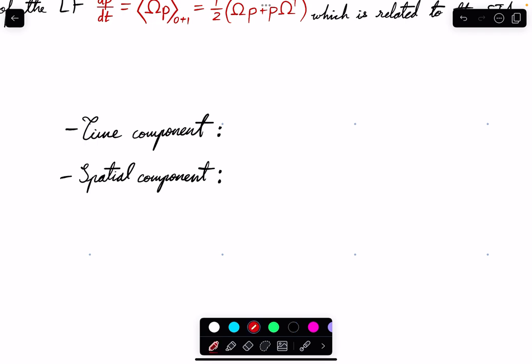So the time component here is given by the change in the time component of the momentum, of the 4-momentum, is equal to gamma q E dotted with the vector v. So you have the electric field and you have the vector v signifying the motion of the particle, how fast the particle is going, the velocity.